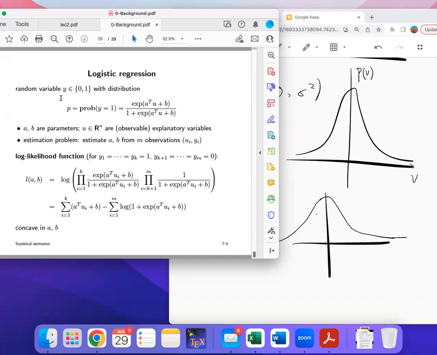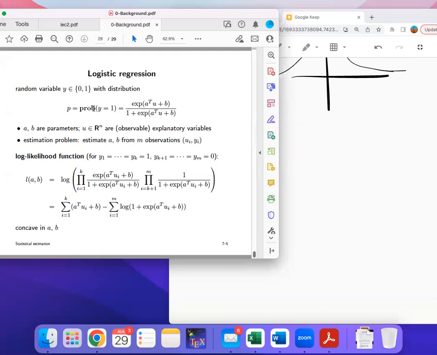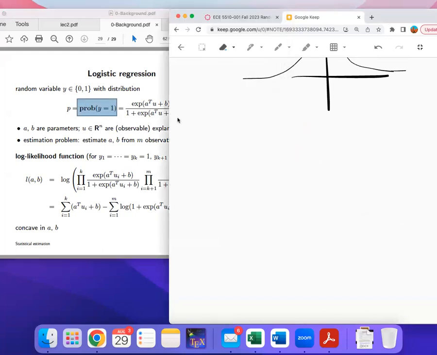So what logistic regression does is to model this yi using a probabilistic model. This is how we model yi: the probability of y equals 1, because it's a binary problem. We just need to look at the probability of y equals 1. The other case, y equals 0, is basically 1 minus this probability.